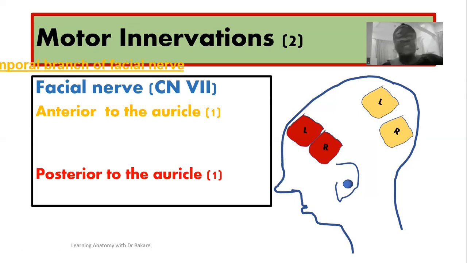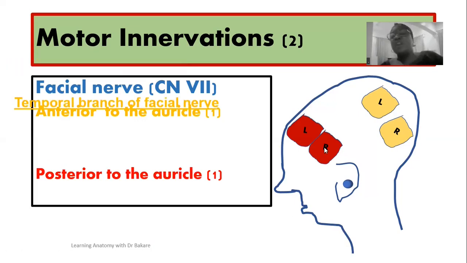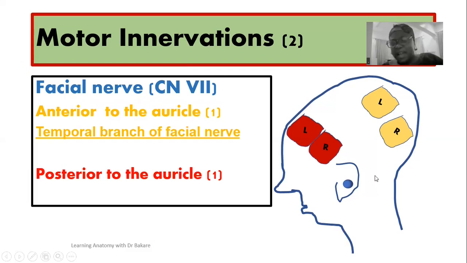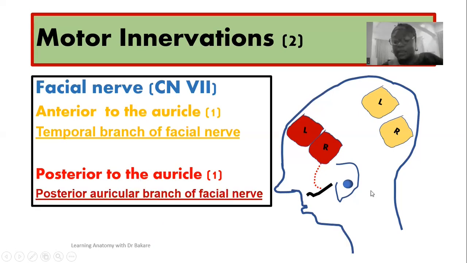So for the anterior region, we have the temporal branch of the facial nerve. This is where we have the facial nerve here highlighted in black. So we have the temporal branch here highlighted in dotted red. And it's seen to give the motor innervations to the anterior region of the scalp that is located anterior to the auricle. Then the motor innervation of the region of the scalp that is located behind the auricle is supplied by the posterior auricular branch.